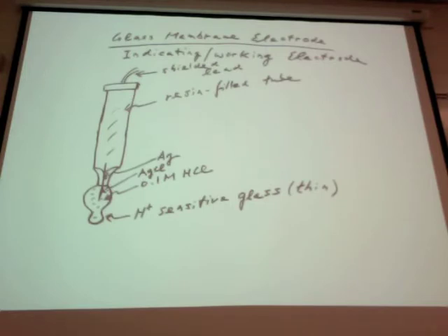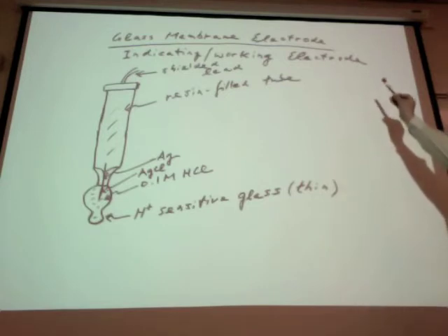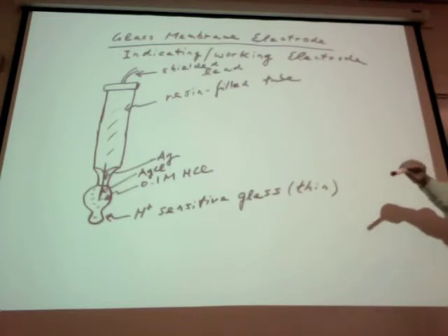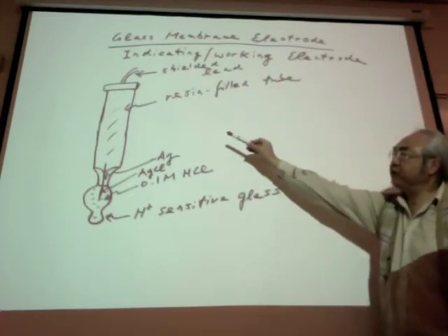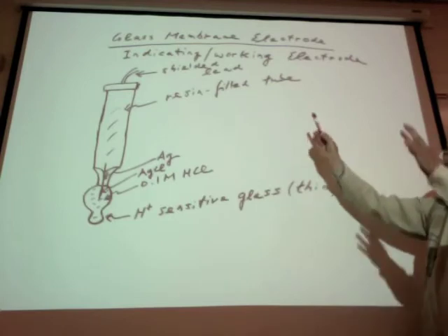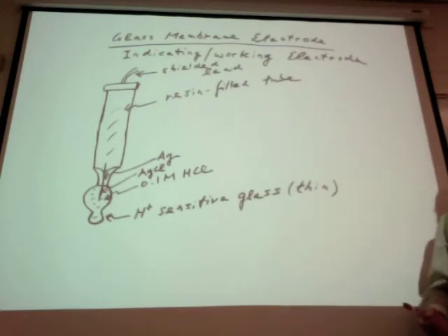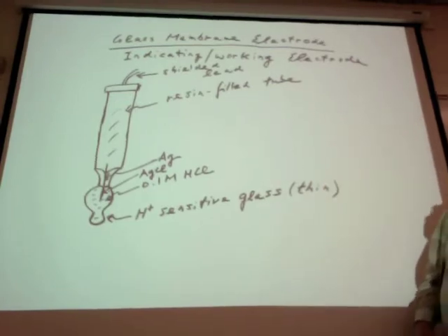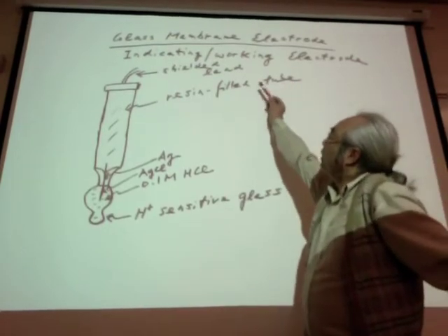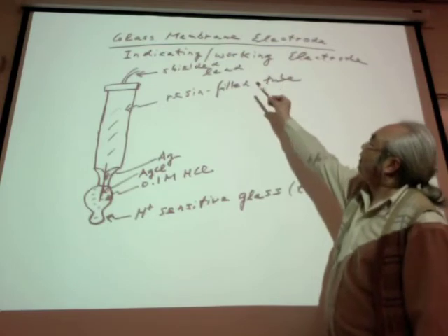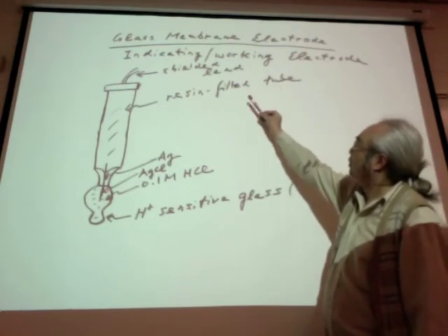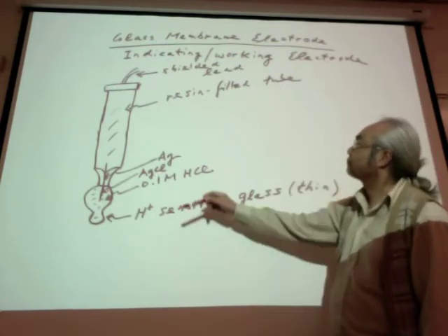Now, for the glass membrane electrode, it is a working electrode. In combination with the SCE, you have a complete setup. This is proton specific.